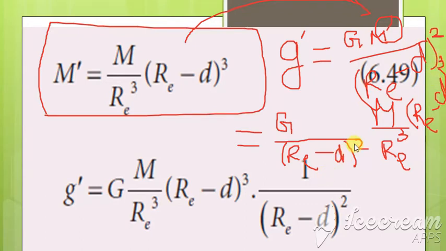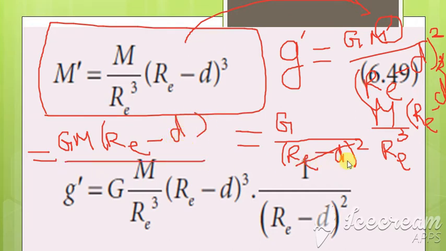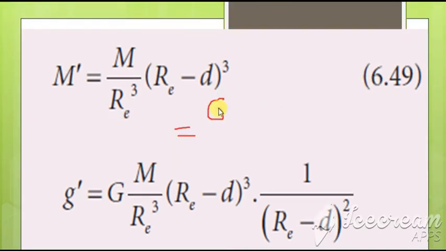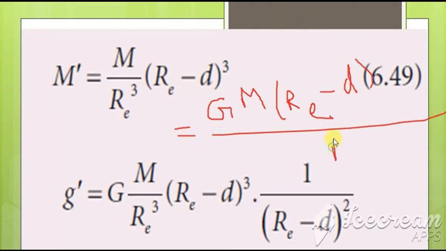Okay, here we have Re minus d the whole square, here we have the cube, so one term will be left. Okay, and so the remaining will be GM into Re minus d divided by this term. So we are getting the value as GM into Re minus d divided by Re cube.